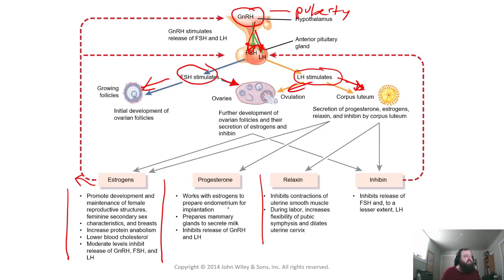Progesterone works with estrogens to prepare the endometrium for implantation, prepares the mammary glands to secrete milk, and also inhibits LH and GnRH. Relaxin inhibits contractions of smooth muscle to make implantation easier. They relax the muscles even further, increase the flexibility of the pubic symphysis and dilate the uterine cervix during labor. And then finally, inhibin also inhibits the release of FSH and to a lesser extent, LH.